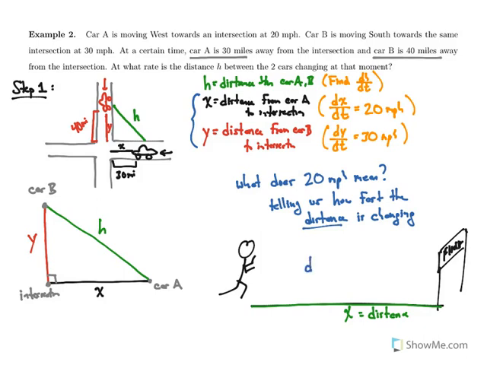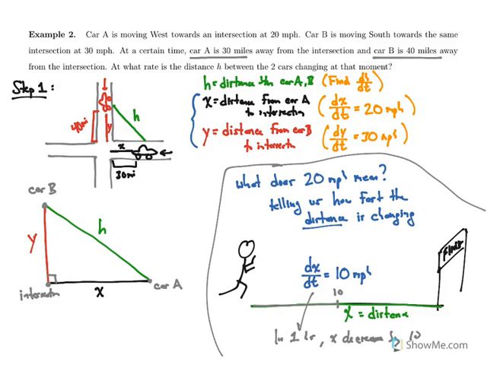Right, so our speed might be 10 miles per hour. That means that in 1 hour, x is going to decrease by 10. We're going to go 10 units toward the finish line there. That may be something that you already recognize, but that can be a stumbling point for a lot of students. I want to make clear that's what we're tracking here, is how much a distance is changing. That's what the variables need to represent.